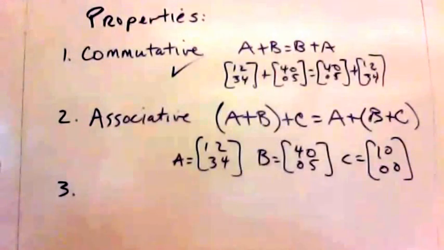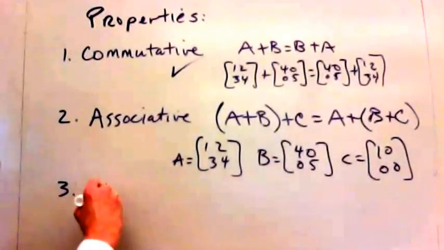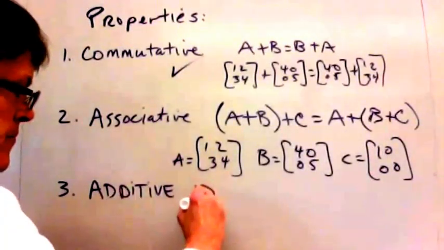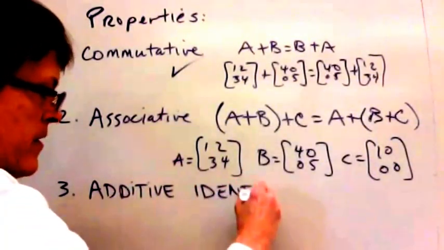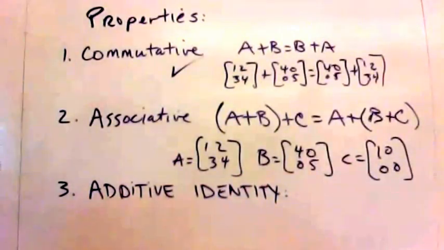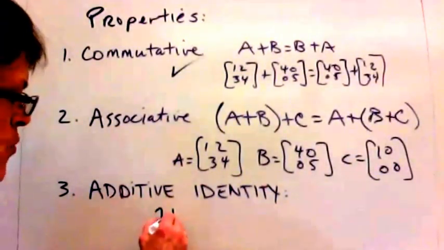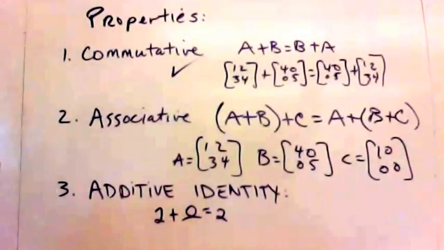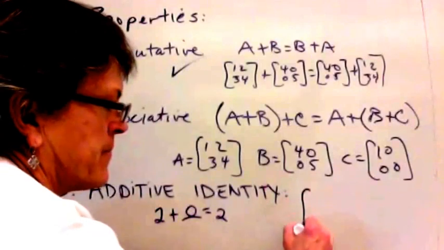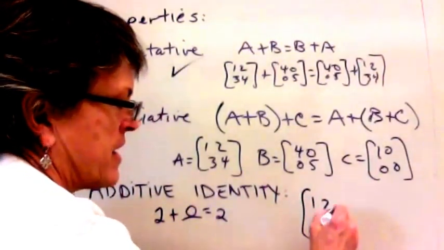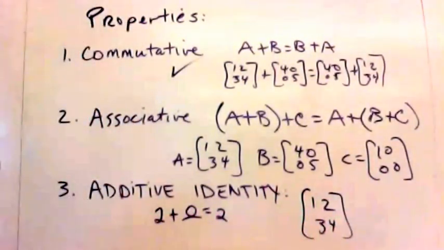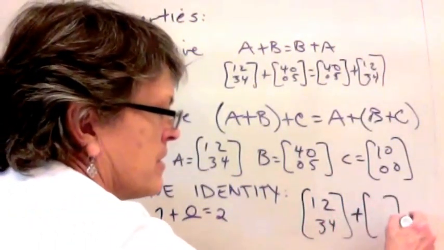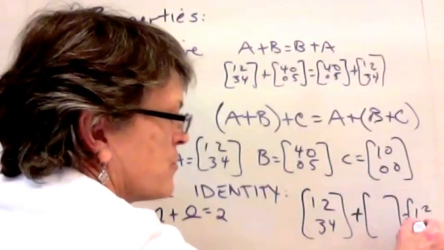Okay, the third one is the additive identity. In the real number system, if you had 2, what would you add to that to get 2? Obviously 0. Well, the matrix equivalent is if I had 1, 2, 3, 4. And once again, I'm just picking this because it's easy to write. What would I add to this to get 1, 2, 3, 4?